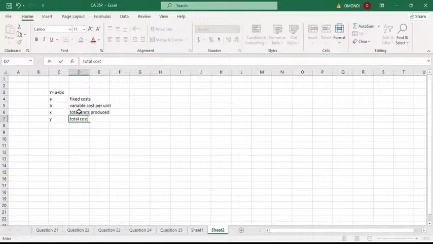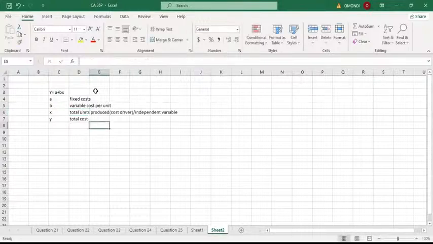This x here, that is the total units produced, is also called the cost driver. It's also called the cost driver or independent variable. Independent variable is the term that you use when you are doing your calculation in other units.